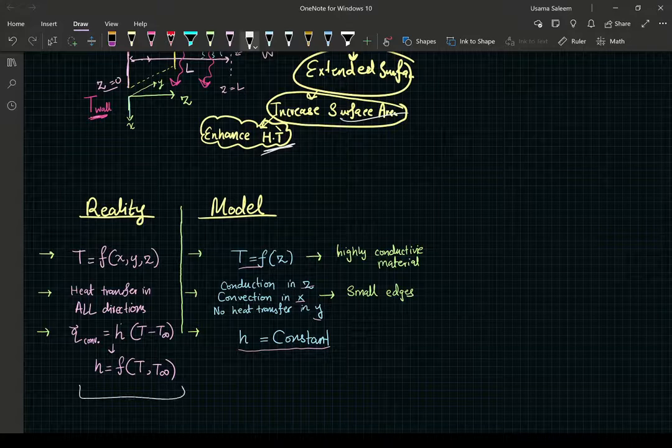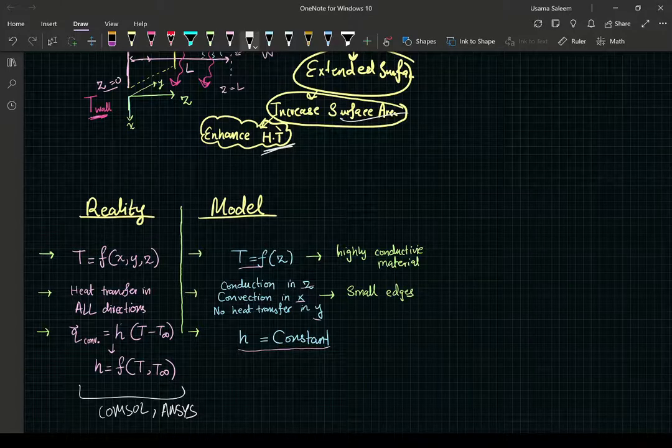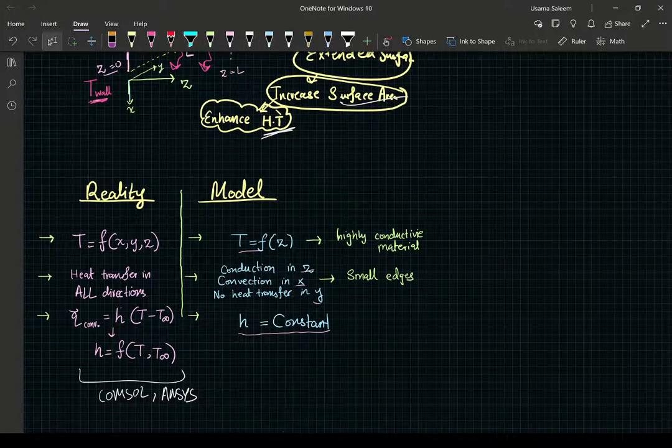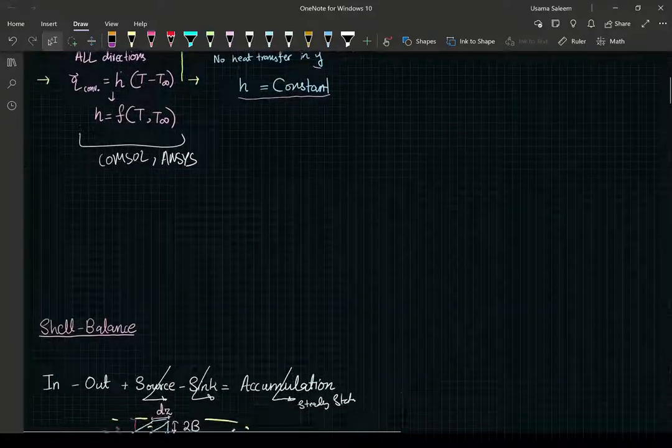Again, this can be done in something like COMSOL or ANSYS, and that's usually a good project if you want to boost your resume. If you want a more accurate model, you can use COMSOL or ANSYS, and they solve partial differential equations numerically.